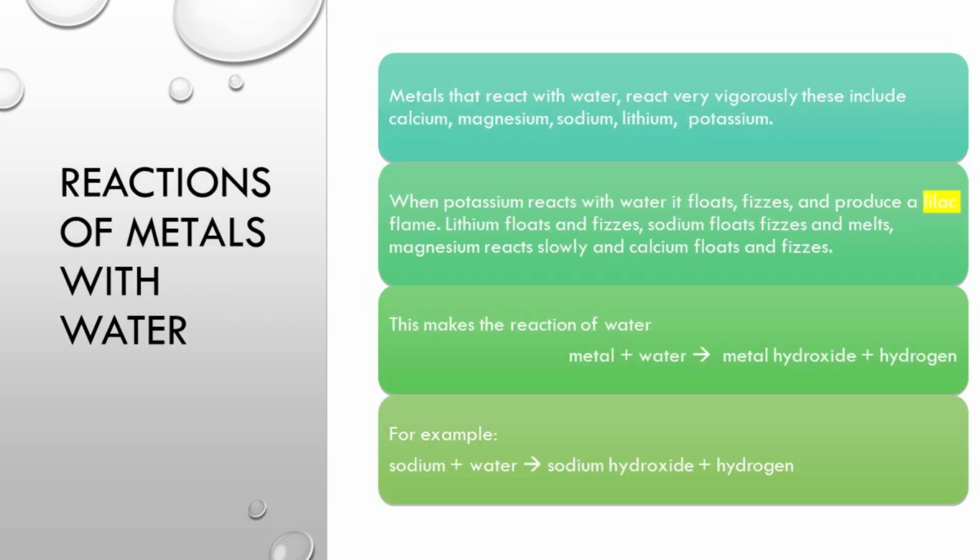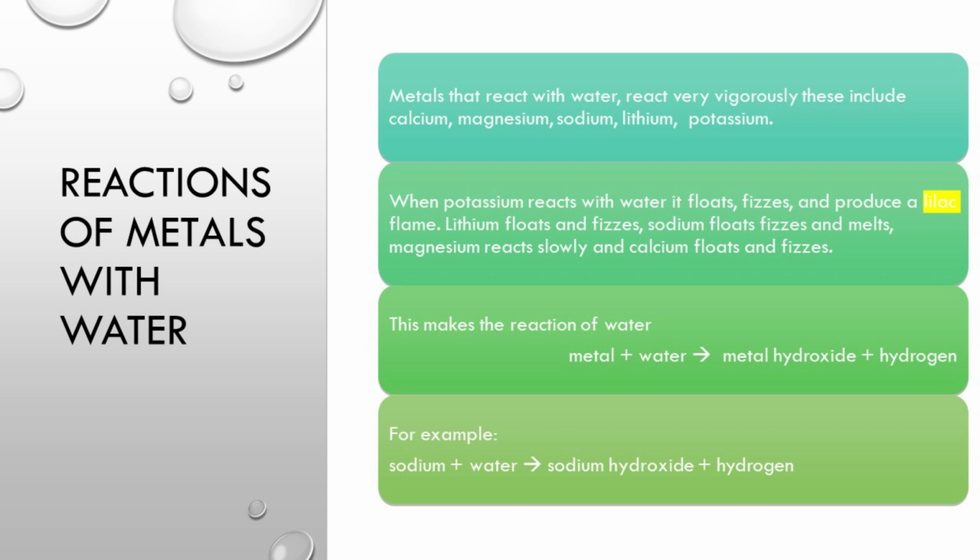The second reaction that you will need to know is metals with water. Metals that react with water react very vigorously. These include calcium, magnesium, sodium, lithium, and potassium. When potassium reacts with water, it floats, fizzes, and produces a lilac flame. Lithium floats and fizzes.